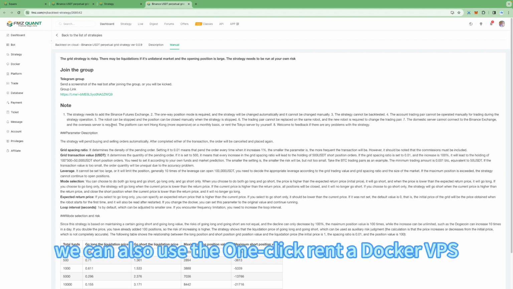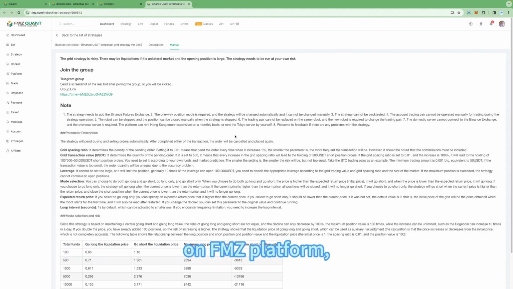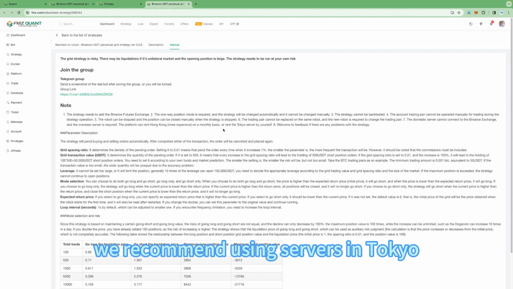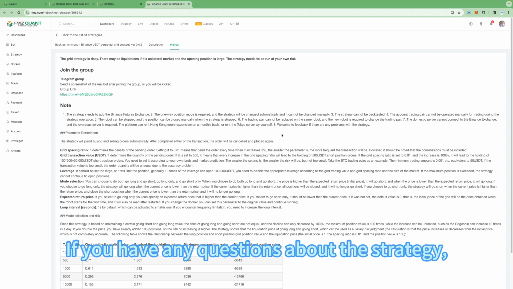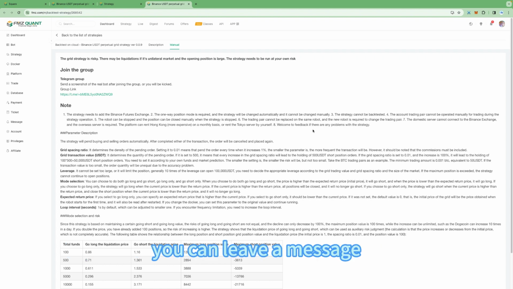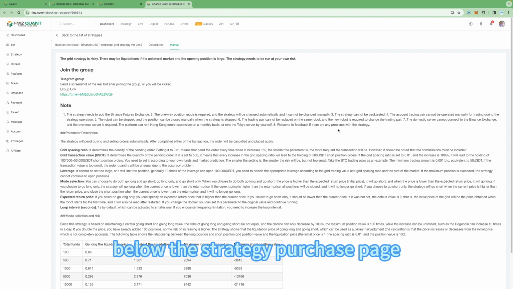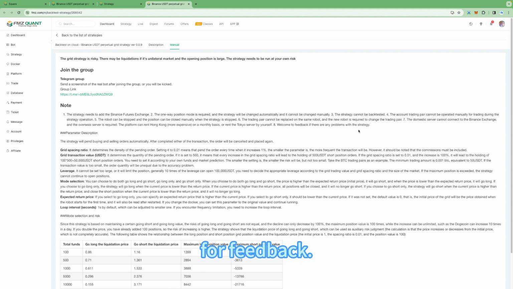We can also use the one-click rent a Docker VPS on the FMZ platform. We recommend using servers in Tokyo to access the exchanges faster. If you have any questions about the strategy, you can leave a message below the strategy purchase page for feedback.